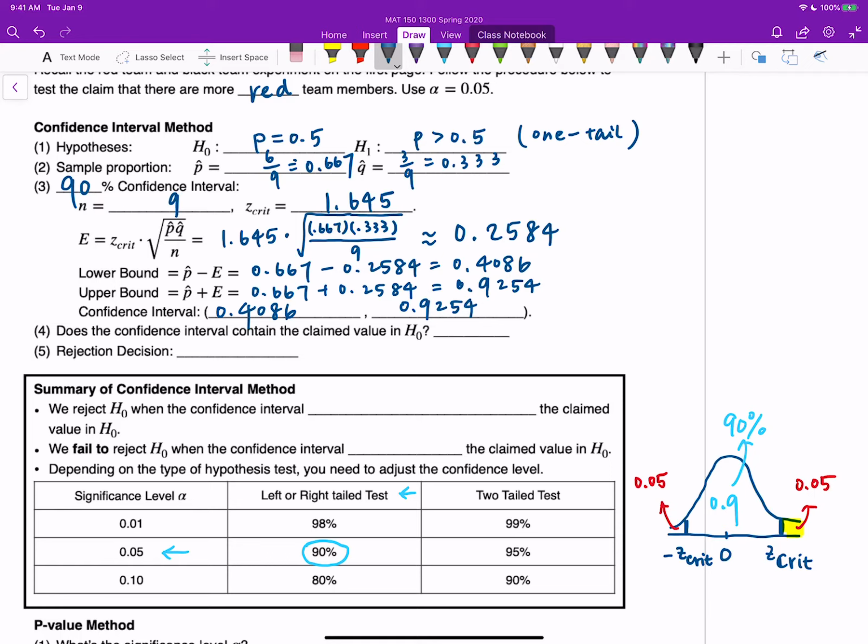Does the interval contain the claimed value in H0? Which is very important because that's going to help us make a decision. If you look at the claimed value in the null hypothesis, by default it's going to be 0.5. That's the proportion of red cards if it's a fair standard deck of cards. Our interval, yes, it does include 0.5, right?